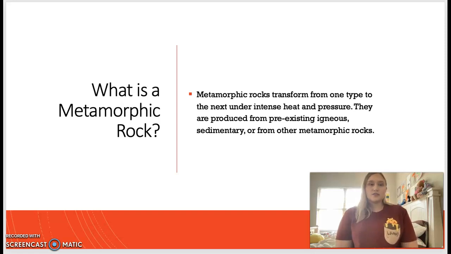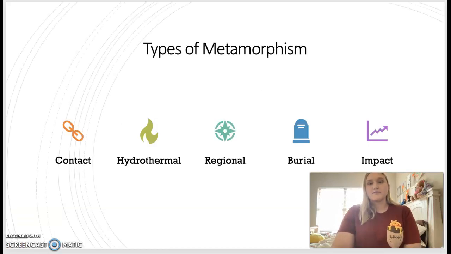As we continue talking about the process, you will find that heat and pressure is going to be a constant variable, and different heat and pressure can change how a rock is formed, and it has to do with texture. So let's look at the different types of metamorphism.